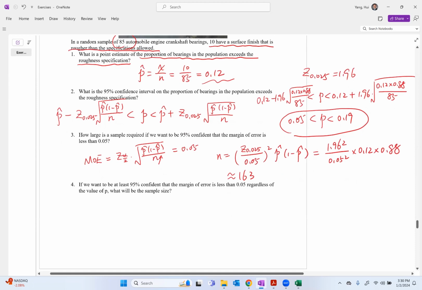Now, if we want to be at least 95% confident that the margin of error is less than 0.05, regardless of the value of p, what will be the sample size?